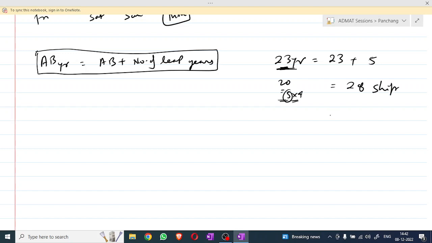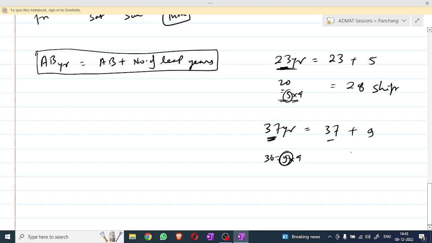Let me clarify this a little bit more. If I have, let us say, a 37-year jump, every year there will be one extra day, 37. This is AB. Now, what is the multiple of 4? You primarily count multiples of 4 up to that point. The largest multiple is 36, which is 9 into 4. So there have been 9 leap years in between.